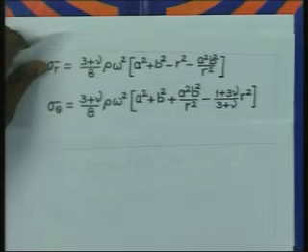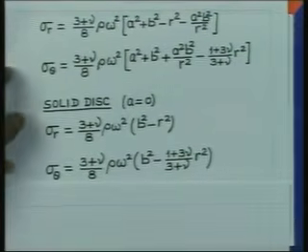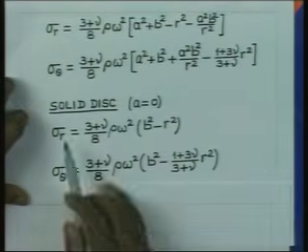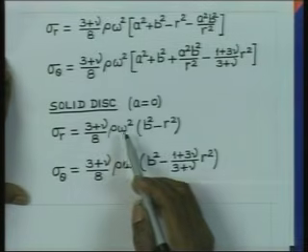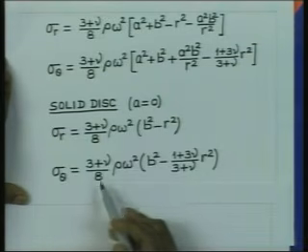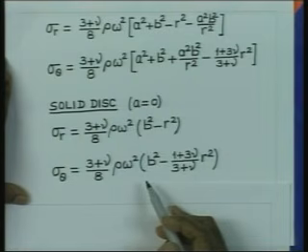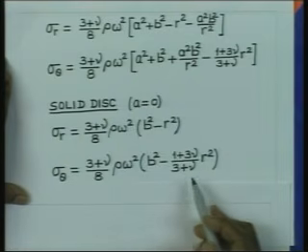So, for a solid disc, the stress expressions will be finally like this: sigma r equal to (3 plus nu) by 8 rho omega square (b square minus r square), sigma theta is equal to (3 plus nu) by 8 rho omega square (b square minus (1 plus 3 nu) by (3 plus nu) r square). So, this gives you the variation of stresses in the solid and hollow cylinder.